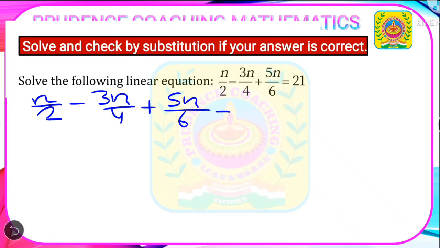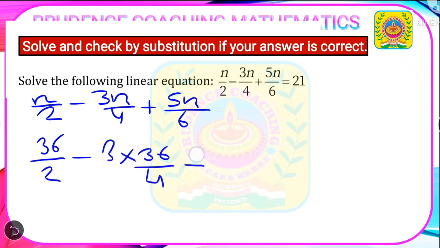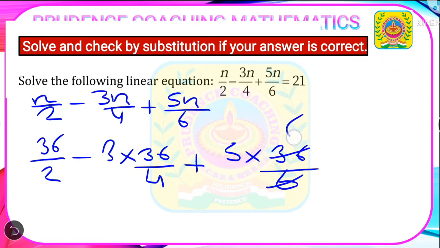So let's start with LHS. Here we will write 36 by 2, minus 3 into 36 by 4, plus 5 into 36 by 6. We know 6 6s are 36, here we know 4 9s are 36, here we know 2 into 18 is 36.